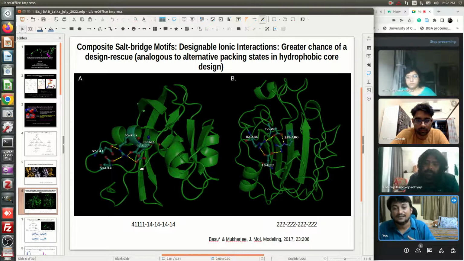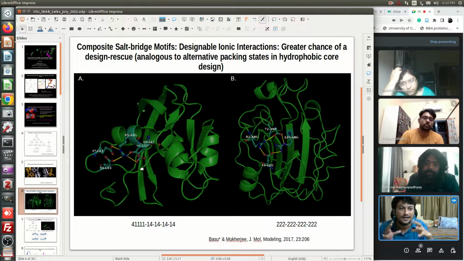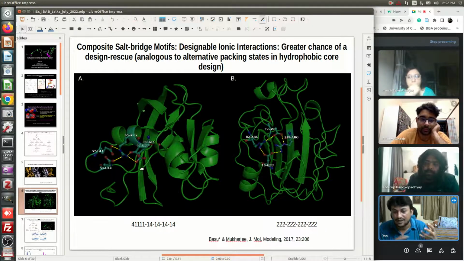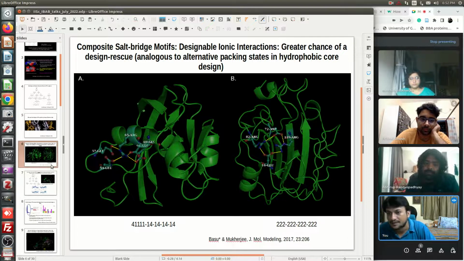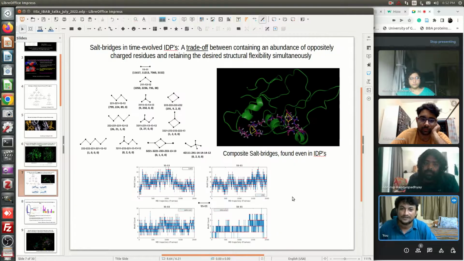But obviously this is a matter of experimental validation, one has to test, but this seems quite analogous to the idea of alternative packings of hydrophobic cores within proteins, where we have recently shown that the same hydrophobic core can be composed of alternative topologies, so certain global constraints need to match. So this is worth trying, because nature actually harbors such motifs. Probably it will open up an avenue of research.